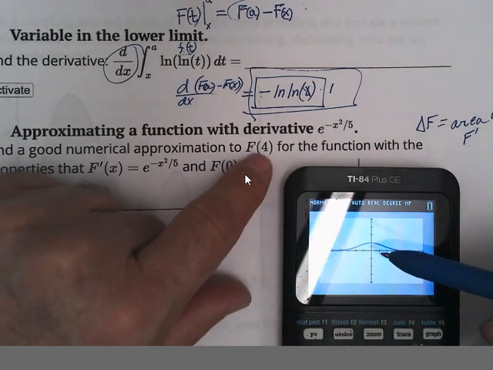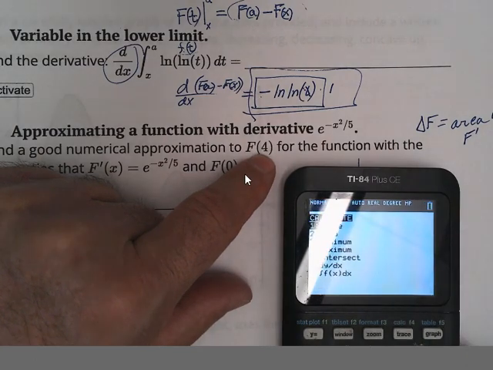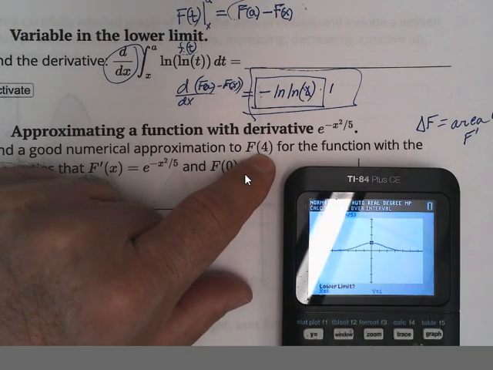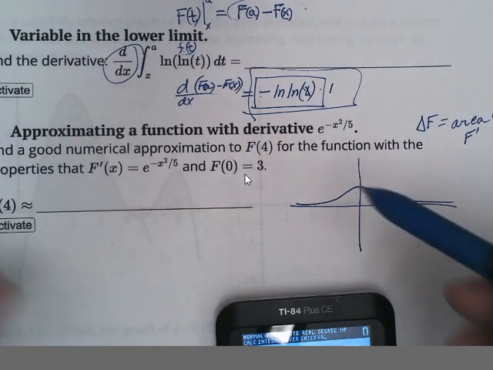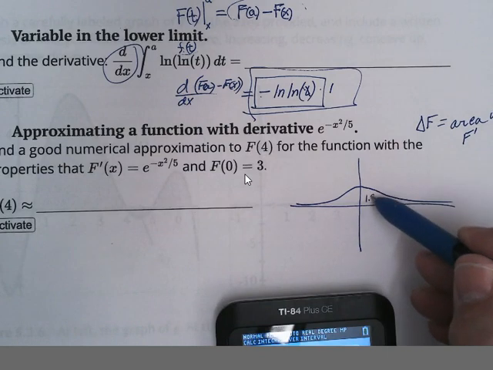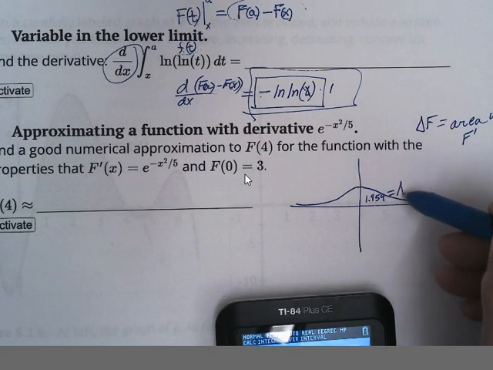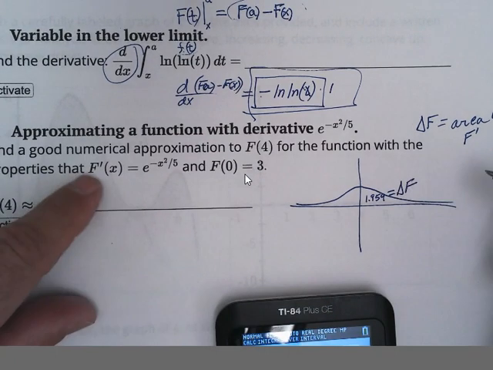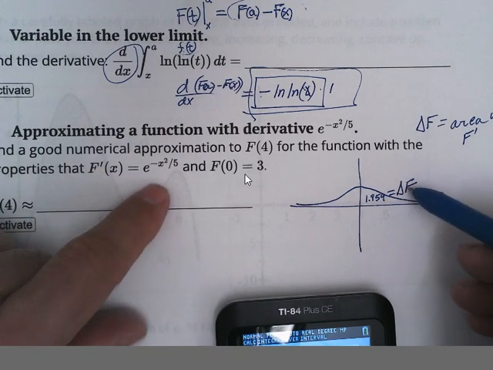We can find out how much it changes from 0 to 4 by doing, second, calculate the area under this curve from 0, enter, 4, enter, and it says the area is 1.959. So this area is 1.959. That's the change in f. The area under the derivative is the change in f.